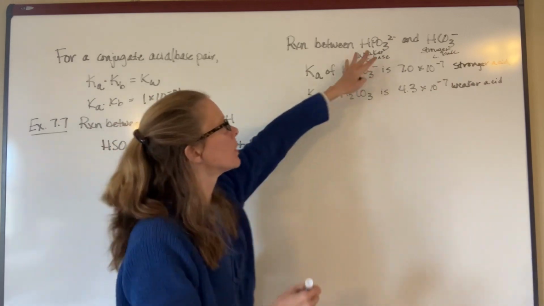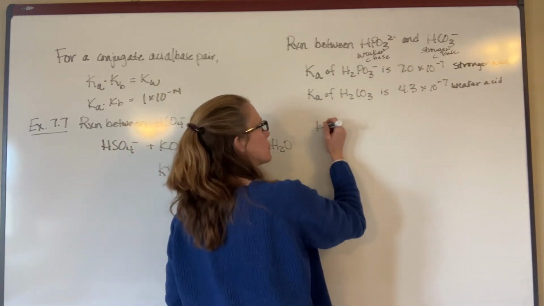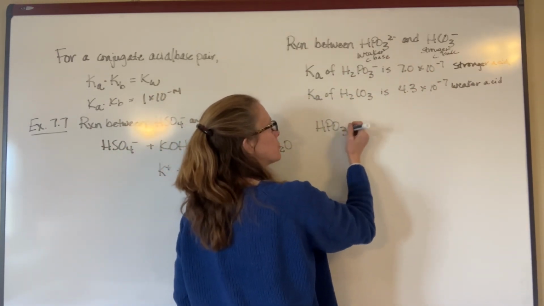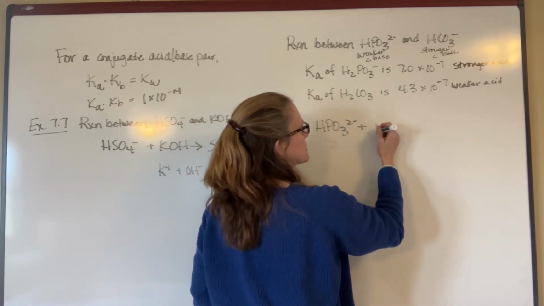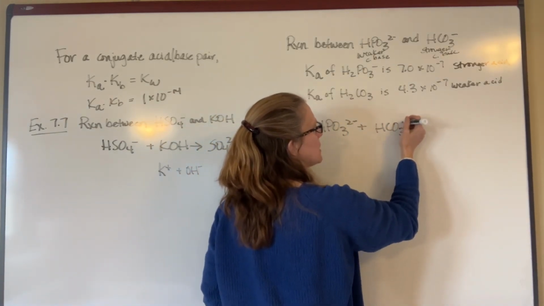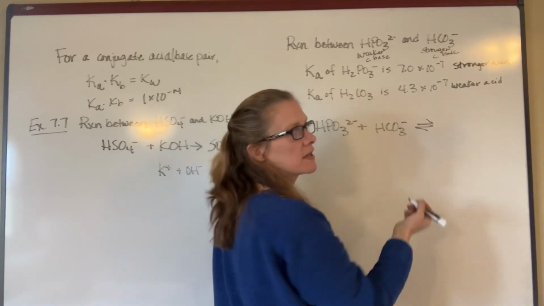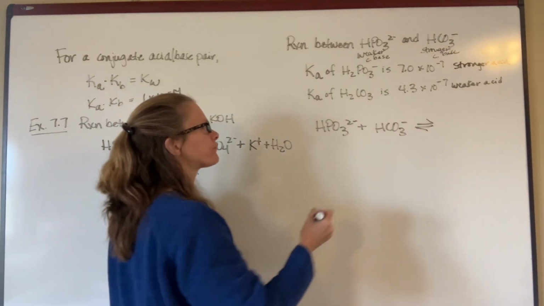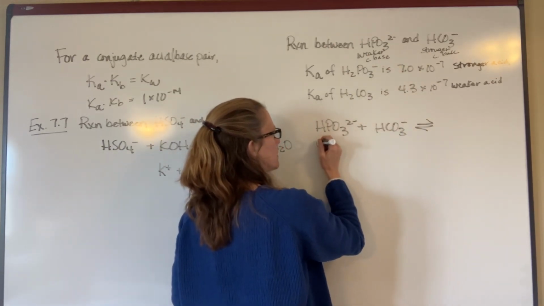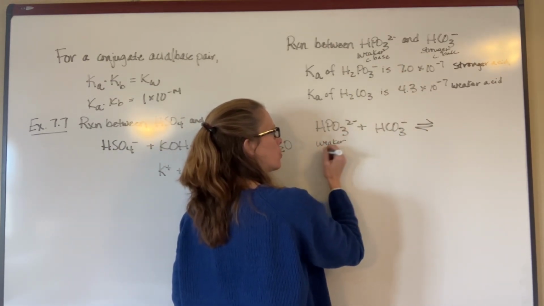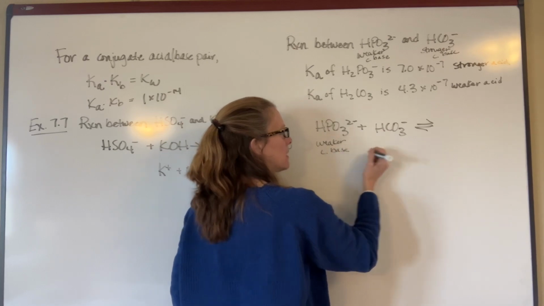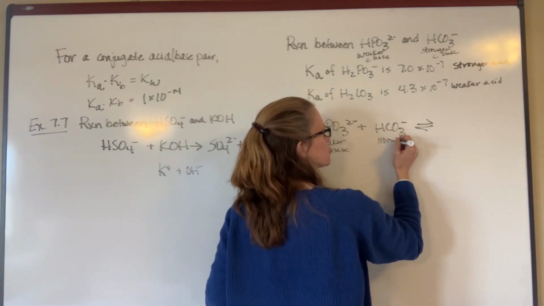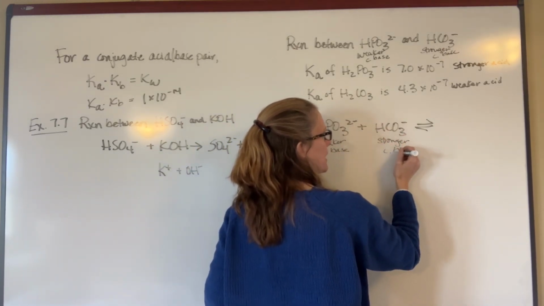So now, when I react these two together, I have HPO3 2- plus HCO3-. And because they're weak, it's going to be an equilibrium reaction. I've already determined that this one is the weaker conjugate base, and this is the stronger conjugate base.